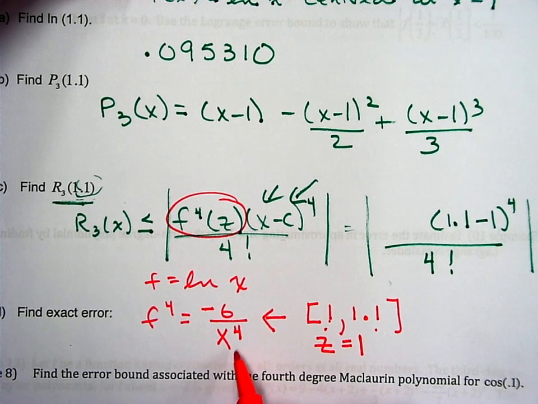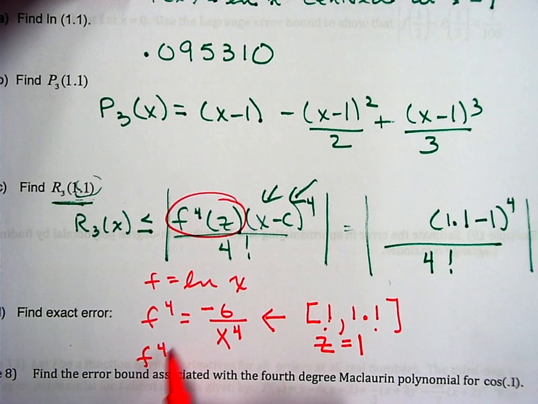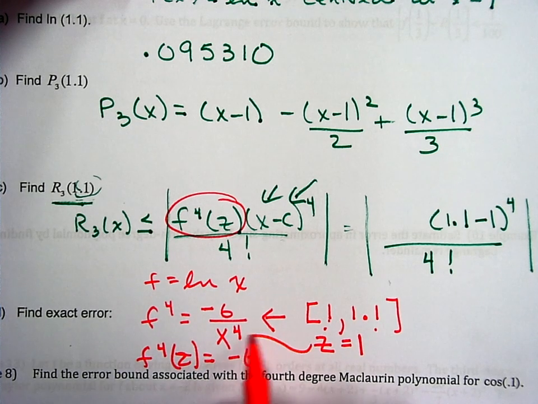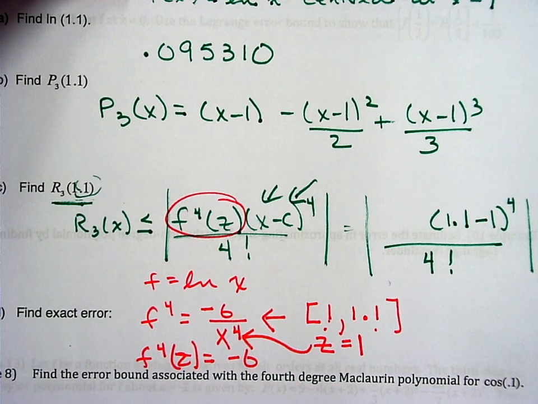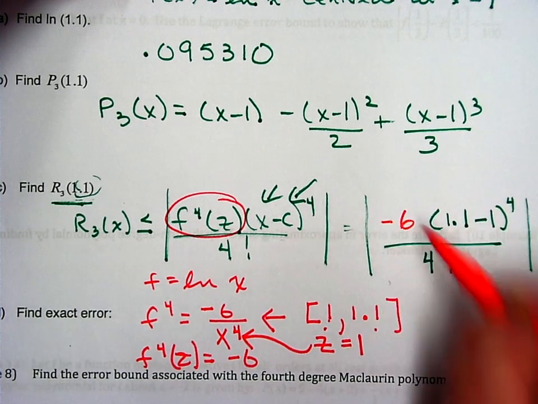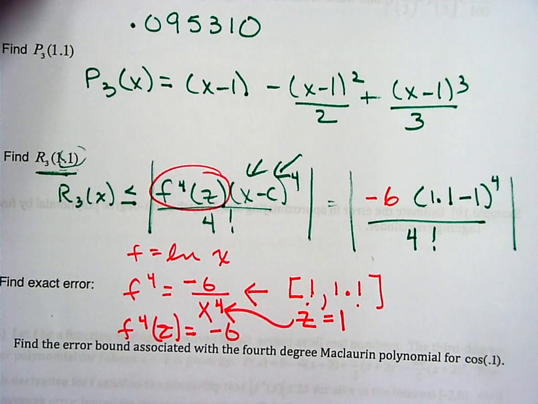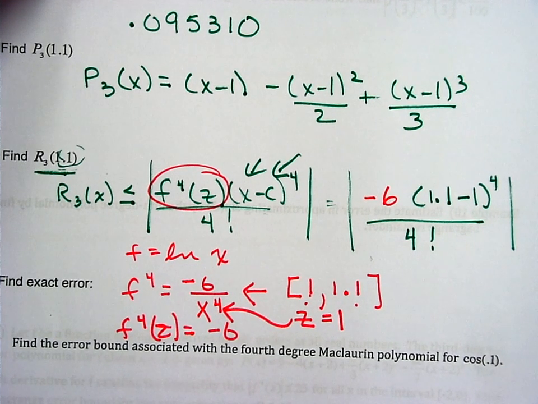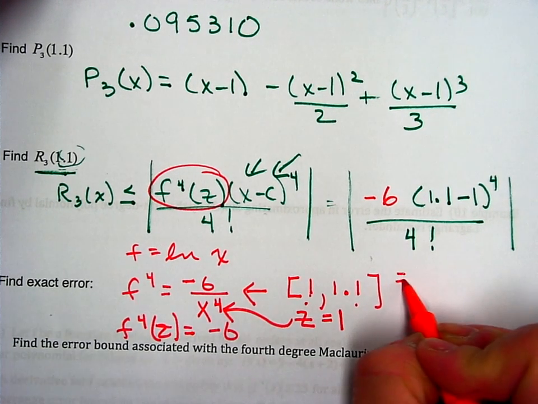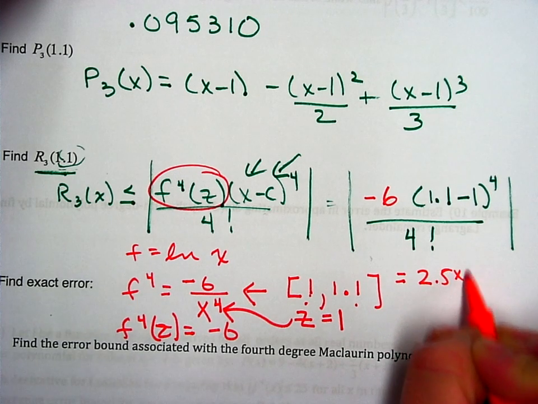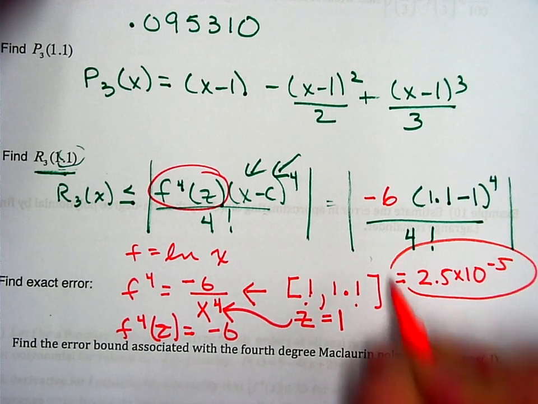So the biggest value of the fourth derivative at z is really going to be -6 if I plug in z and for x here. So I'm going to plug in -6 here. And again, it doesn't matter that it's -6, we want the biggest absolute value. If you punch this out on your calculator, you'll get 2.5 times 10 to the -5th. So this is your error bound.